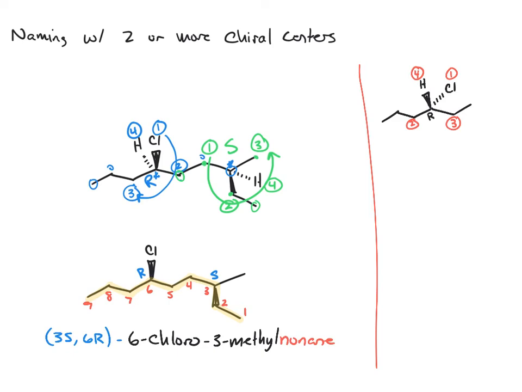But you could also manipulate this so that you actually get 4 to the back. Right? And in order to do that, what you want to do is find one group to hold constant, and basically it'll be any group other than the one you're trying to move and the one at the position where you want to get it. So basically I could hold this propyl or this ethyl constant.